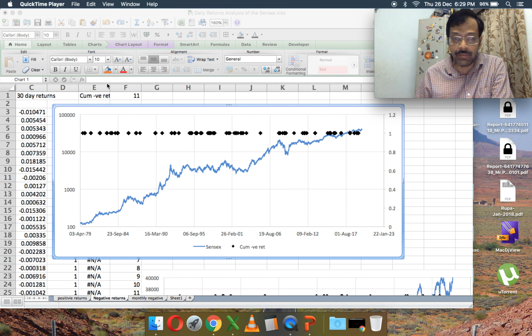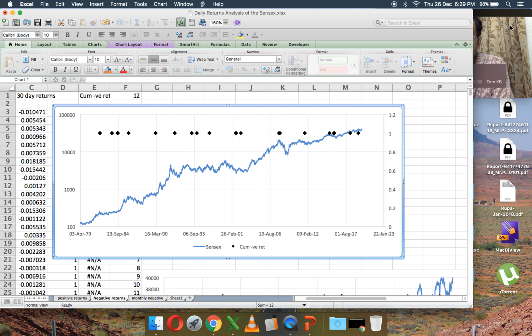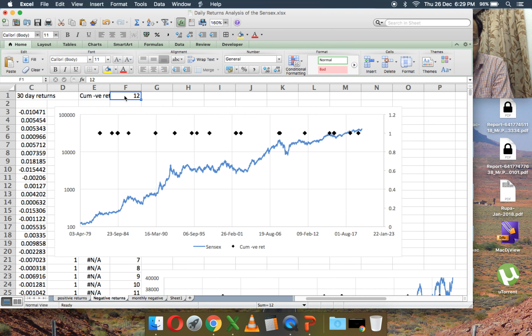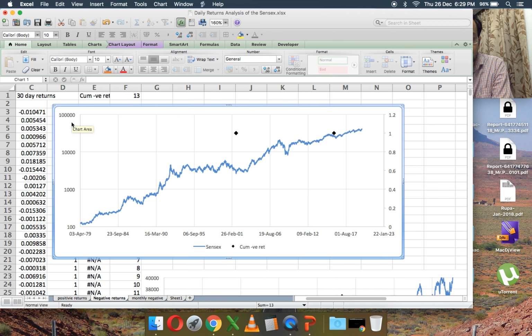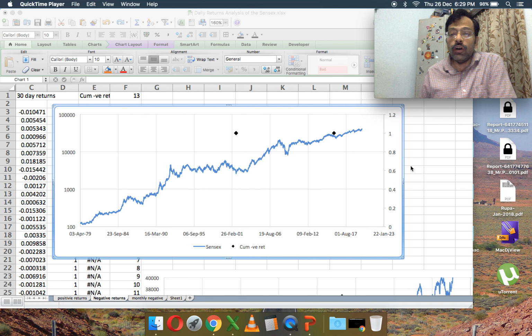So you have to get used to that kind of volatility. And that's 12. Then it becomes a little sparse. 13, and that's just 2. 14 is 0. So twice in the past, 13 out of 14 days have been continuously negative. That's the longest losing streak with respect to daily returns for the Sensex.